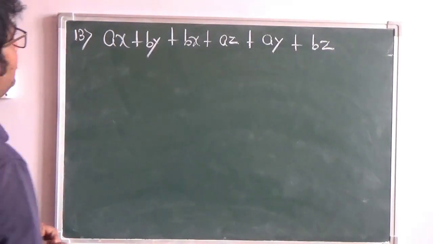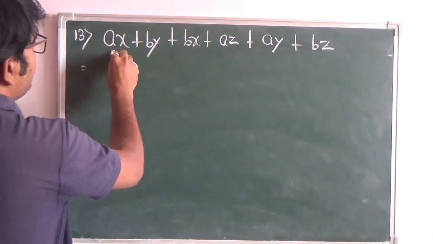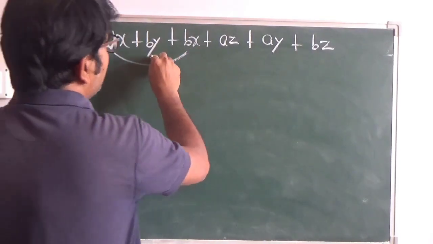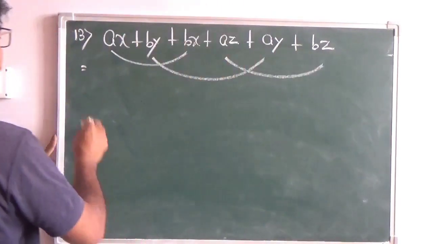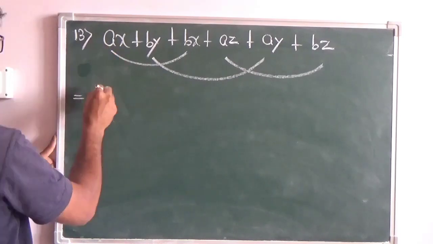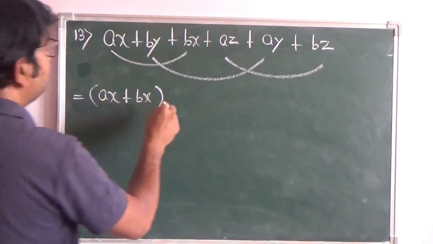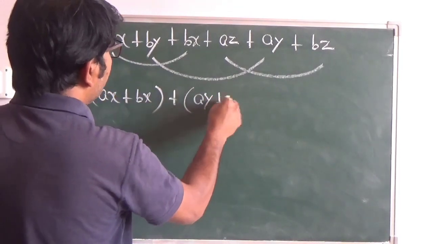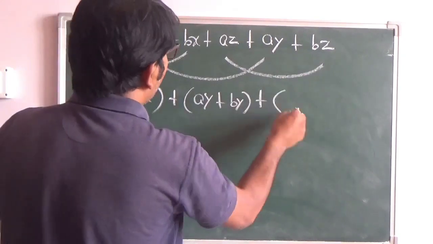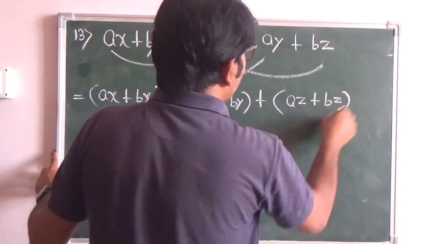So if we group it like this, we group ax and bx, by and ay, and az and bz. Let us see what we get. So we write ax plus bx plus ay plus by plus az plus bz.